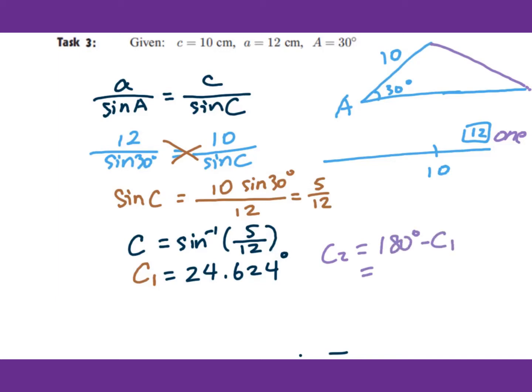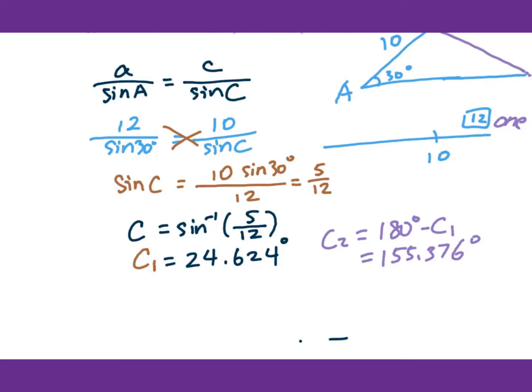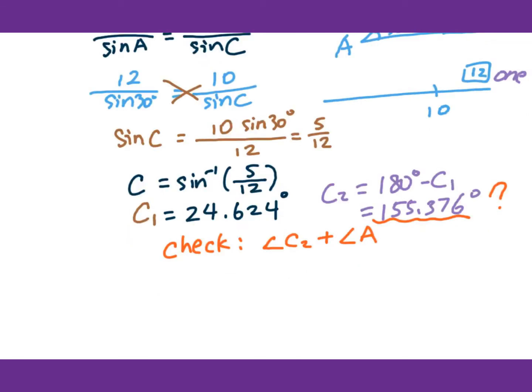You got the c2 equals 155.376 degrees. You need to check c2 is correct. How do you do that? You need to use this obtuse angle c2. Add the given angle A, it should be less than 180.